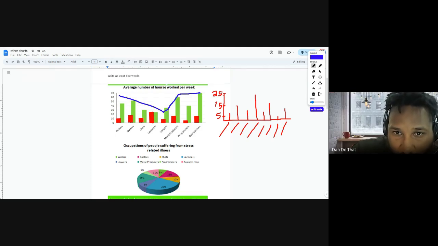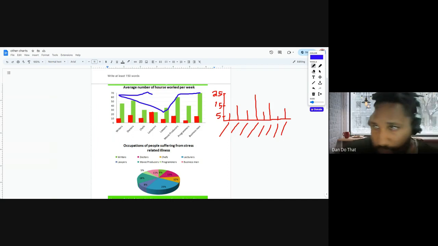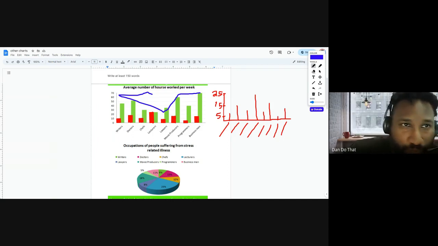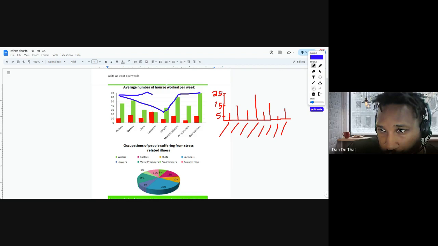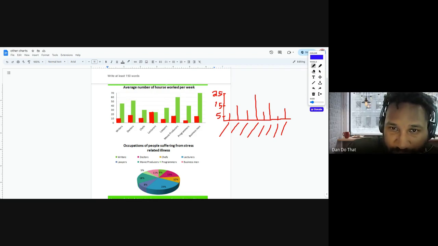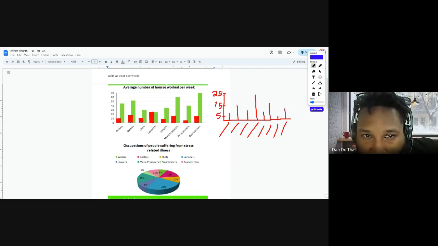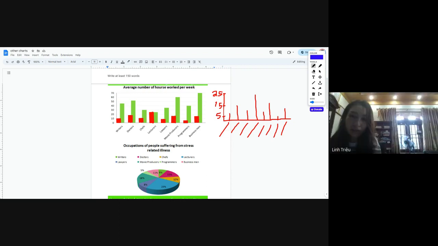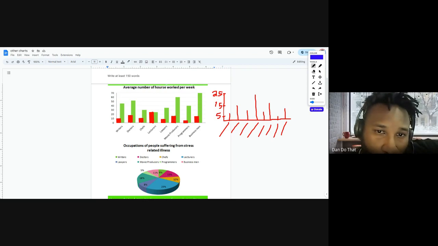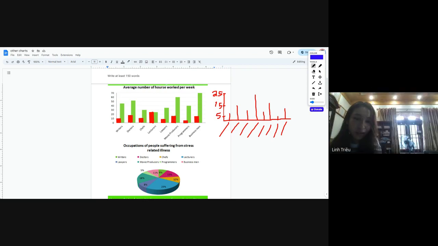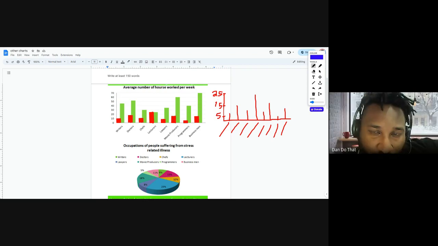Where does it go? What are we drawing? So businessmen working time increases or decreases or compared to what? Movie producer? Increase. Huh? Increase. Increases to what?